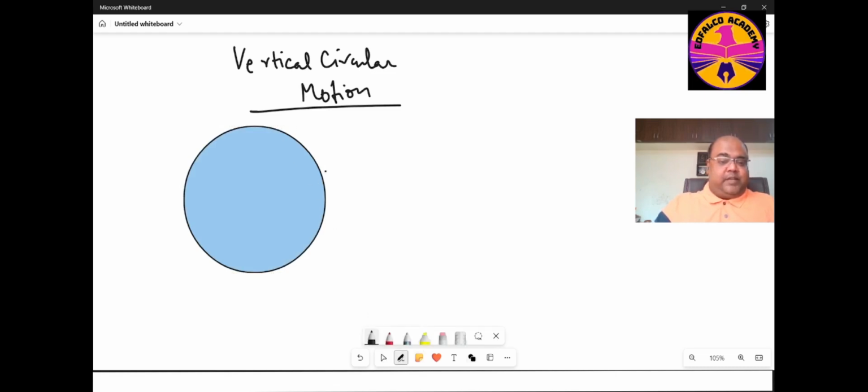So let's say that the body is going in a circular path in a vertical plane like this, and imagine that this is the center, and the body is attached to a string. Let's say there is a mass, small m. Now, after we have decided all this, what are the forces that will be acting on this body?